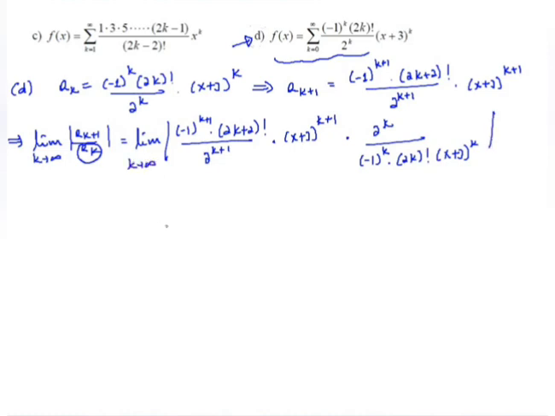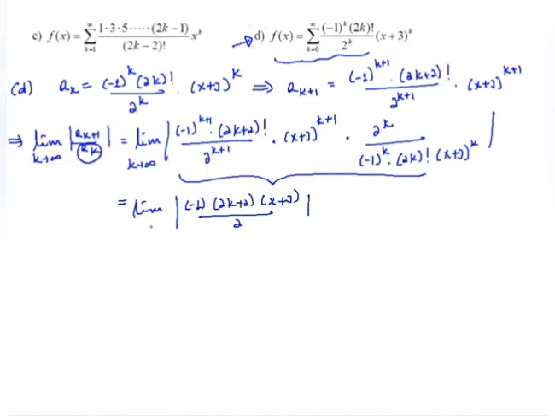Now we will have some simplification. እዚህ ውስጥ simplification ይኖረናል። የሚጣፋውን እያጣፋን እንሄዳለን። So the simplification of all this expression becomes the limit of, in the absolute value, -1 times 2k plus 2 times x plus 3 over 2 as k approaches infinity.